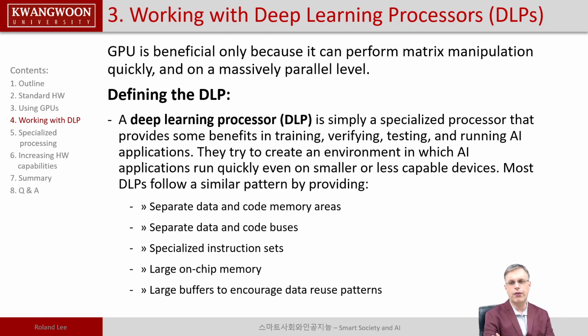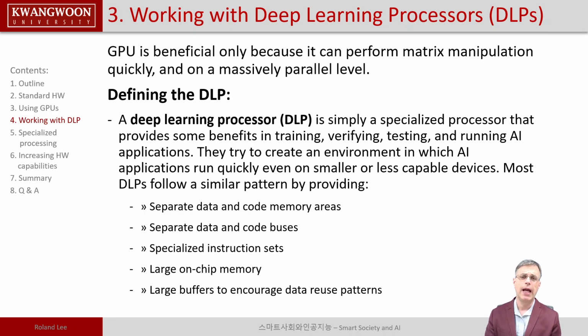So the search for something better is ongoing, and you can find a veritable alphabet soup here, like CPU, GPU, APU, TPU, VPU, FPGA, and QPU. But let's first define the DLP, a deep learning processor.